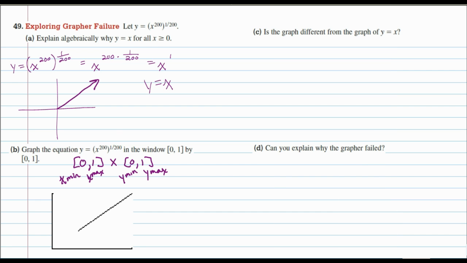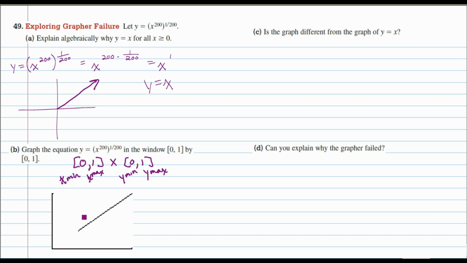See, what's happening here is your calculator is physically raising every number to the 200th power and then taking whatever it gets and raising that to the 1 over 200th power. It is able to do that up until we get to these numbers that are way too small to raise to the 200th power and then to take the 200th root of them.